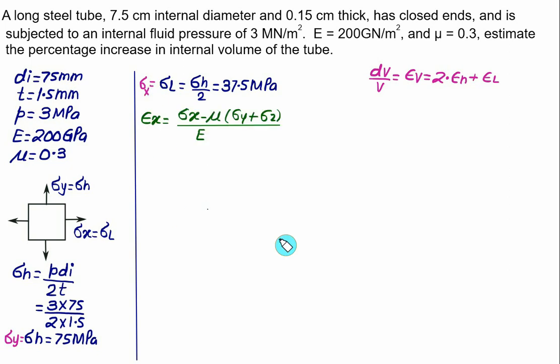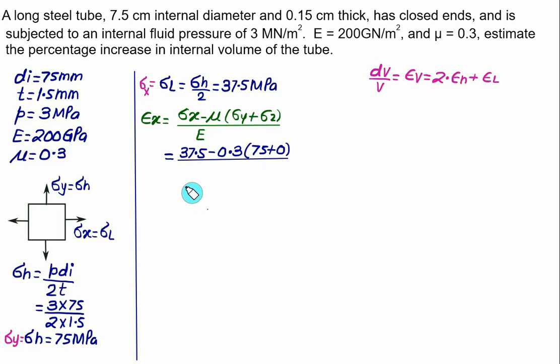We can apply here the generalized Hooke's law in the x direction, that is epsilon x, which we can calculate from sigma x minus mu times sigma y plus sigma z, where sigma z we take as 0, divided by Young's modulus E. Sigma x here will be equal to 37.5, Poisson ratio equal to 0.3, sigma y is equal to 75, sigma z equal to 0.